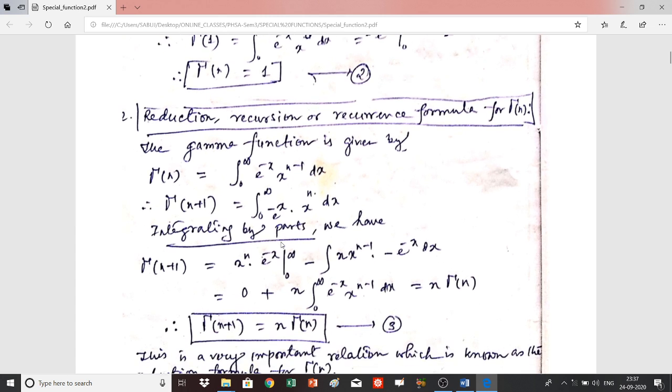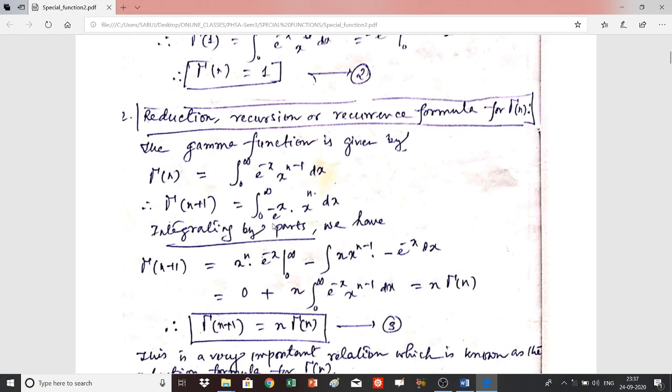If you do that, then gamma n plus 1 is equal to, you keep x to the power n, then integrate e to the power minus x, that will give you minus e to the power minus x from 0 to infinity, then minus the differentiation of x to the power n, which will give you n x to the power n minus 1, and the differentiation of x is 1, so it gives n x to the power n minus 1 into 1. I have not written the 1 here, so it's okay.